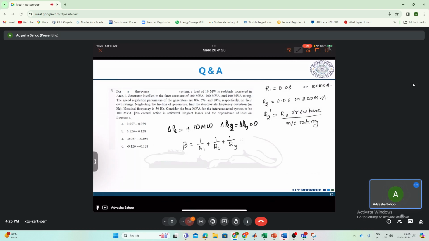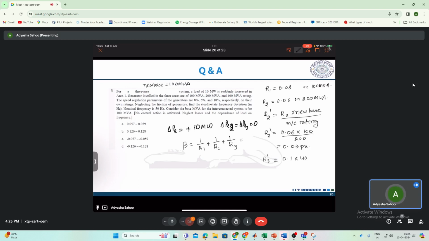Right. So we are calculating here on a base of 100 MVA. So R2 dash will be 0.06 into 100 divided by 200. So that will be 0.03 per unit. So R3 dash will be, it is 0.1 on 400 MVA.